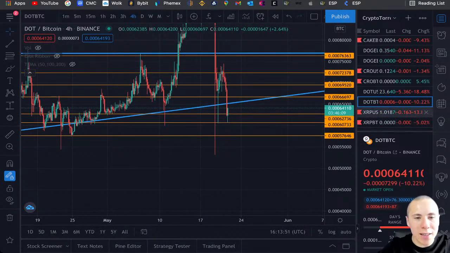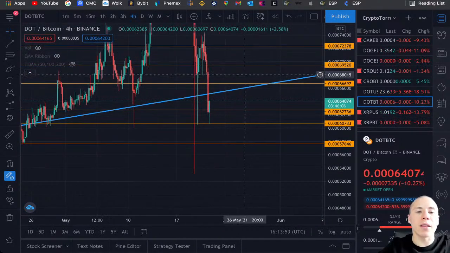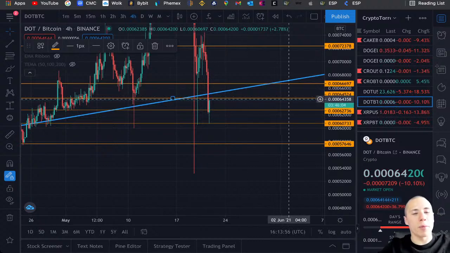And what we're seeing is that we are already underneath the upward sloping support.